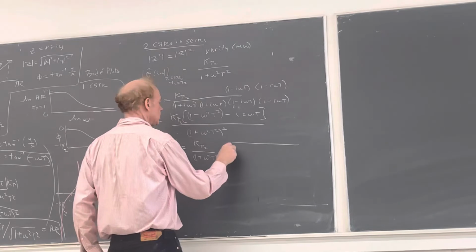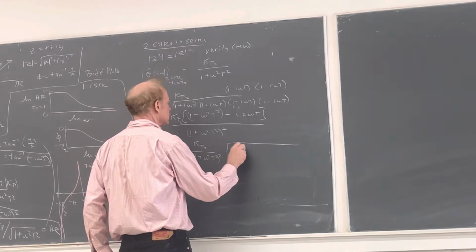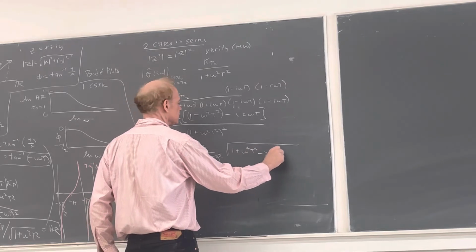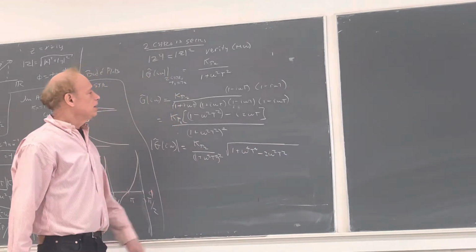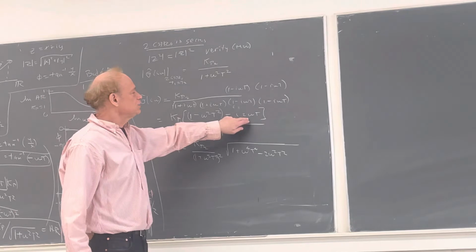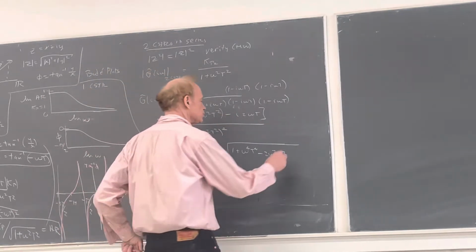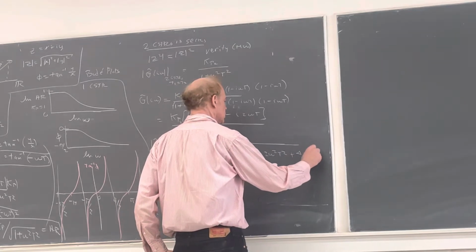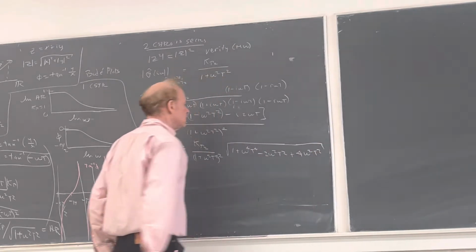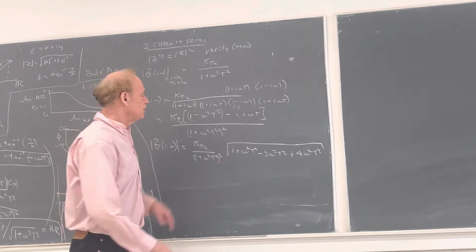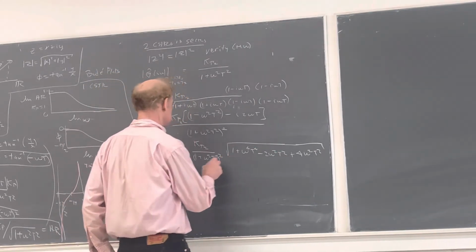This squared is 1 plus omega^4 t^4 minus 2 omega squared t squared. And now I have to square minus 2 omega t, so minus squared is plus 4 omega squared t squared. Well, minus 2 plus 4 is just plus 2.